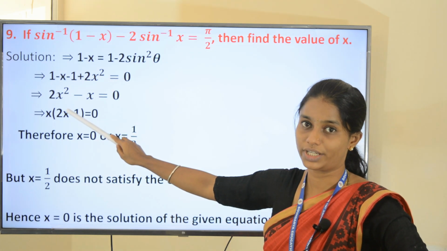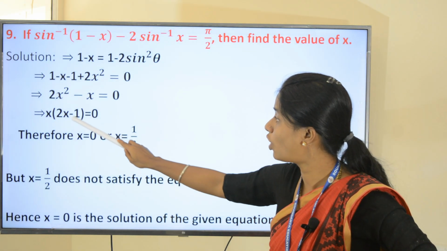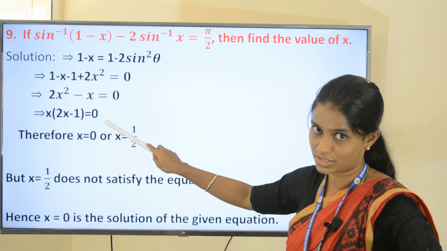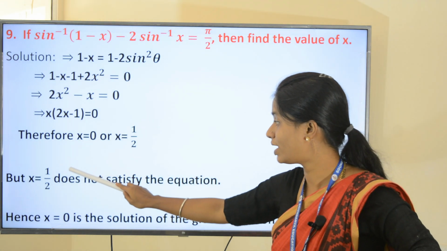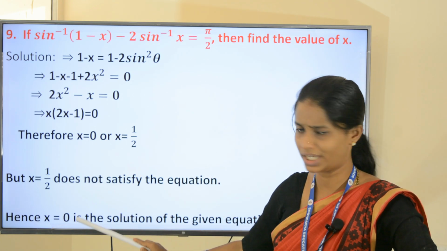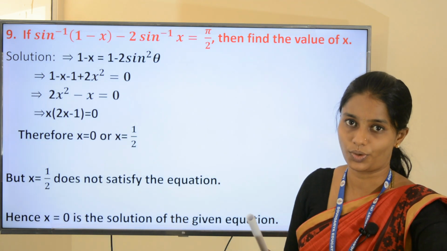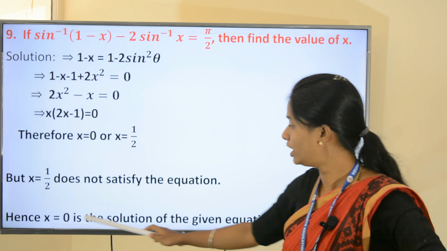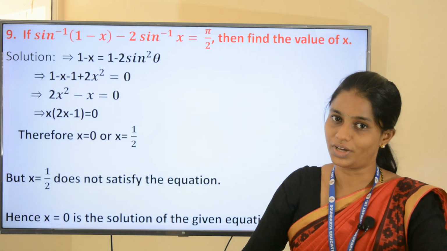Finally we got x into 2x minus 1 is equal to 0. x is equal to 0 or 2x minus 1 is equal to 0, which implies 2x is equal to 1, x is equal to 1 by 2. But x is equal to 1 by 2 does not satisfy the given equation. Therefore, the conclusion is x is equal to 0 is the solution of the given equation. While writing the answer, you should mention this step. Then only you can conclude that x is equal to 0 is the solution of the given equation.